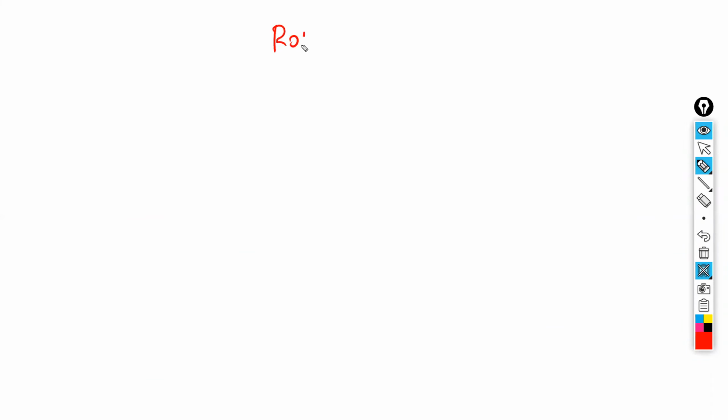So, ROM chip, read-only memory. This is called non-volatile memory. That means even when the machine is powered off, the data in this ROM chip will not be lost. It remains as it is. In a ROM chip, there is a burned-in address.